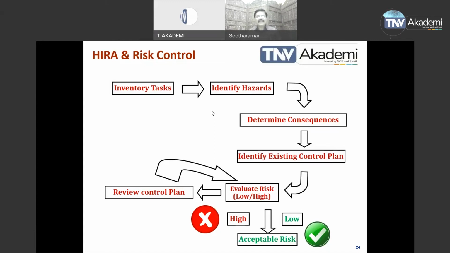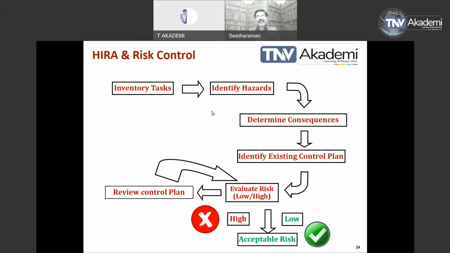What will be the risk from this hazard if he is working at height? If there was no control, you can imagine it is going to be a disaster, with people getting injured left, right, and center. But we have some controls in the organization currently. With the controls, we evaluate the risk, and then we say whether it is low or high based on our rating process.